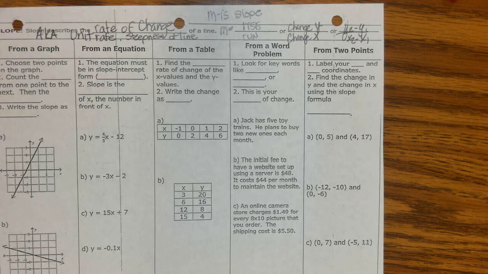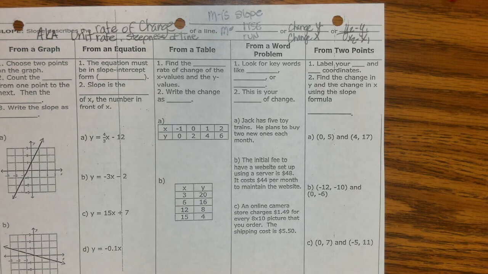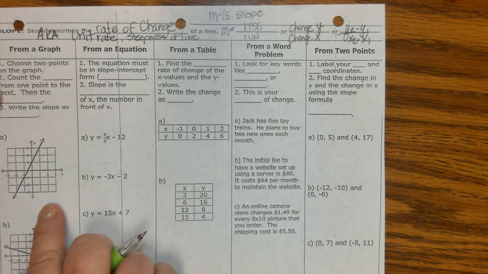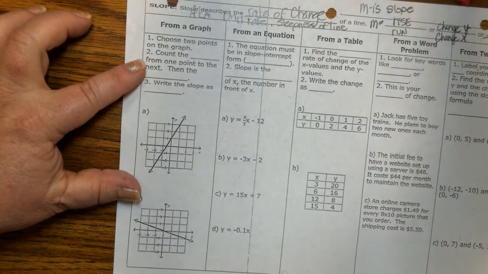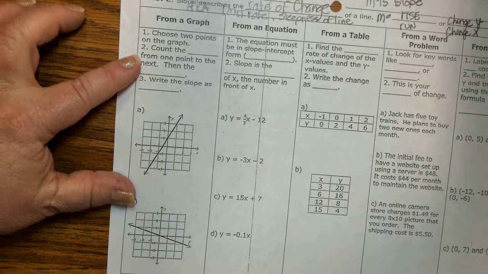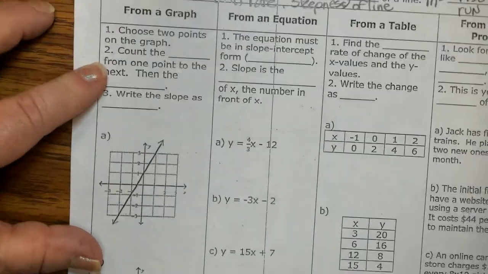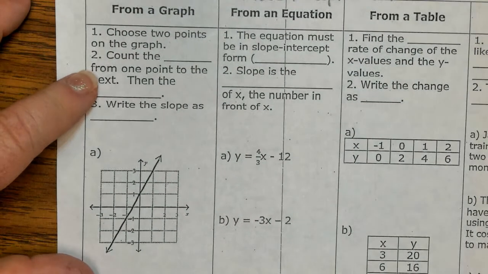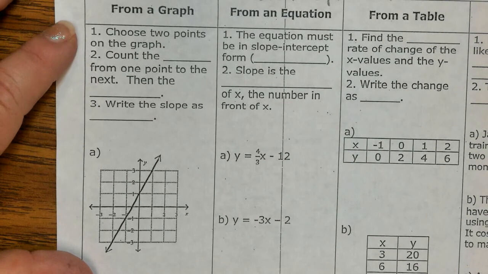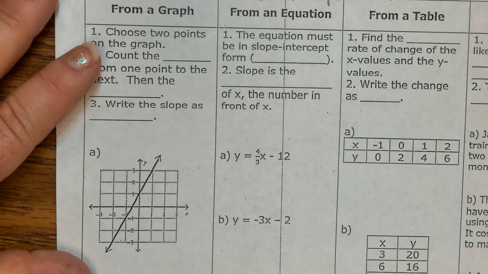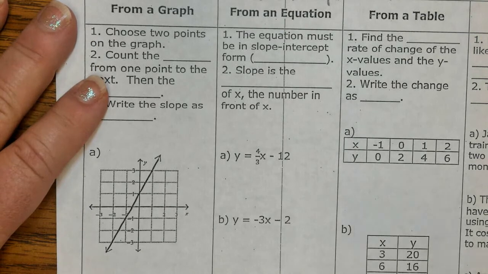We're going to talk about from a graph and from an equation today. So from a graph, which is right this column right here, and I'm going to zero in just a little bit. All right. You choose 2 points on the graph. When you choose points on the graph, you have to make sure that it is in the crosshairs.